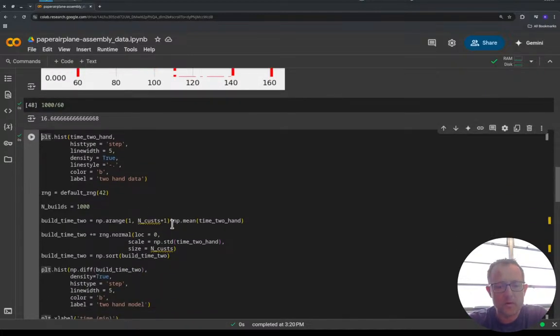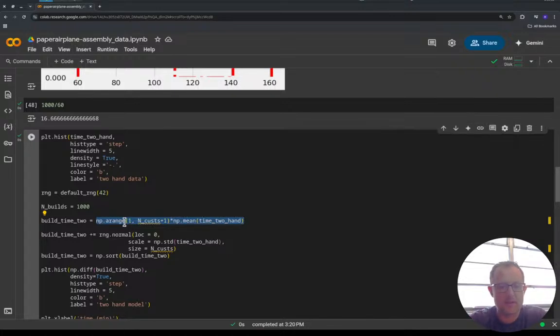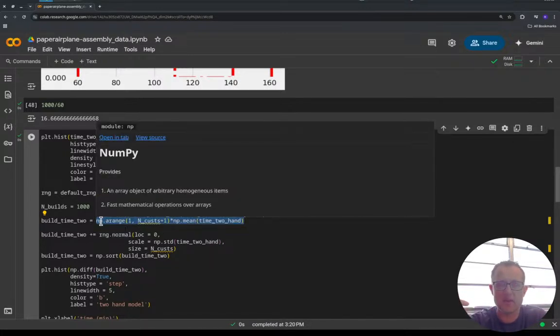So the build time is going to be, we'll start at time 1 and keep going time 2, 3, 4, 5, and multiply that by the average time. What this is doing is putting a number on the clock of how many seconds have passed since the first build.